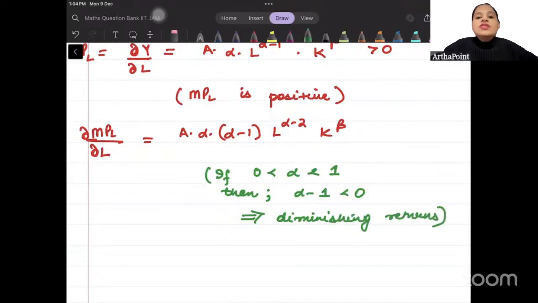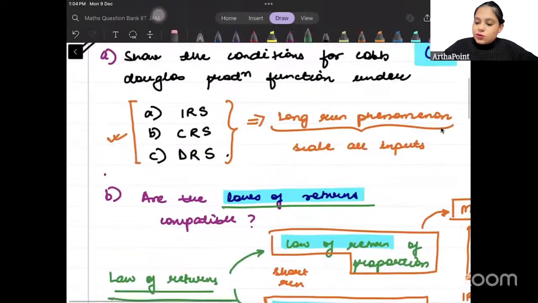So only if I assume that alpha will be less than 1, only then we can have this condition, consistent with the returns to proportion, right? So this is how you can solve this question.